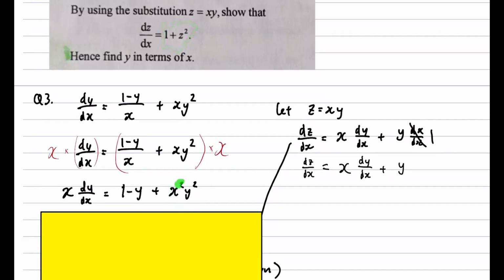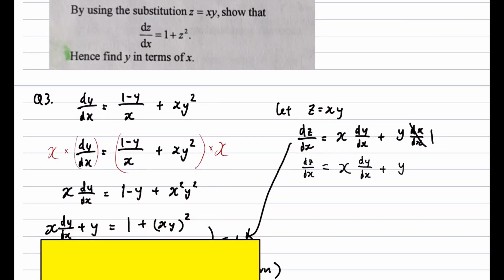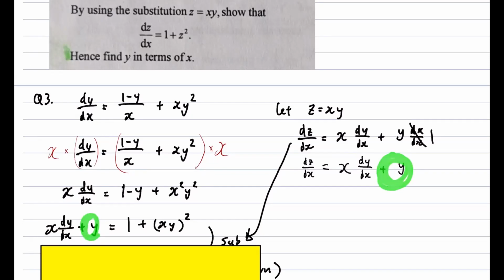So maybe this square and this z square are related. Let's just keep going and we'll see how. I also need to plus y on both sides. So minus y will just cancel off. Then you get plus y. So now I have 1 plus xy bracket square. It's the same, right? X square y square is xy bracket square.